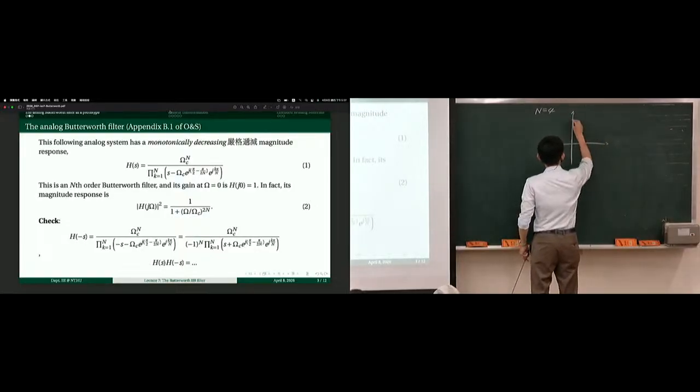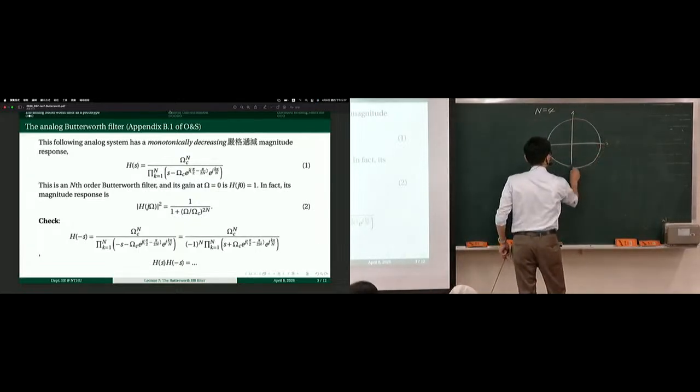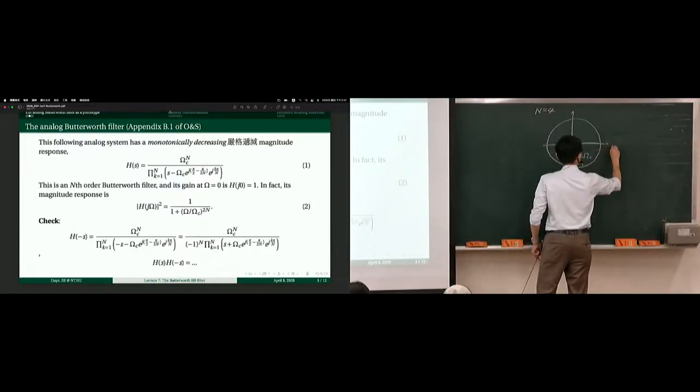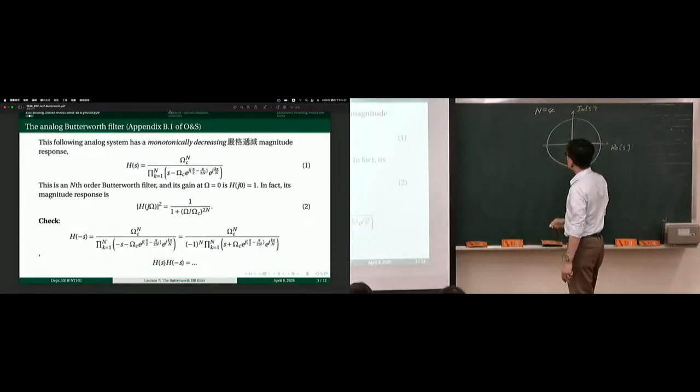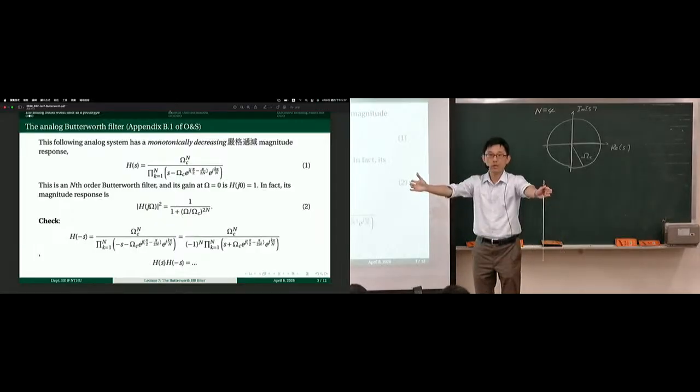Here we have the circle of radius omega c, again real part of S, imaginary part of S. Can anybody tell me, if n equals 4, what's the angle of one slice?